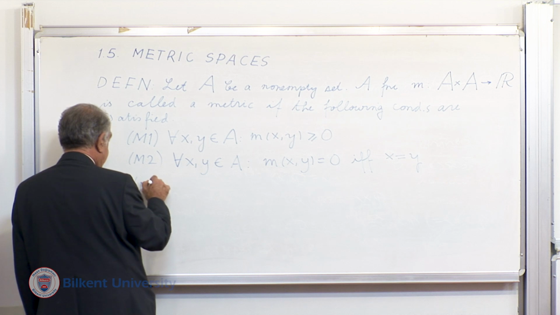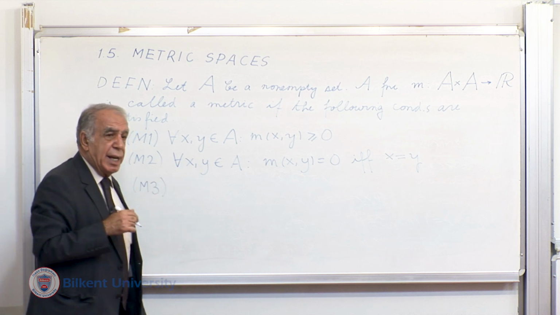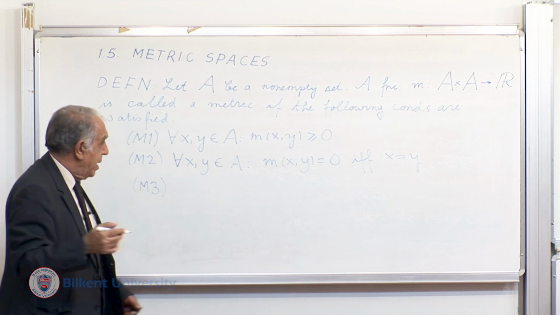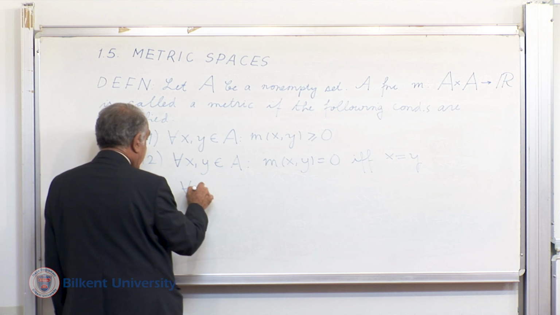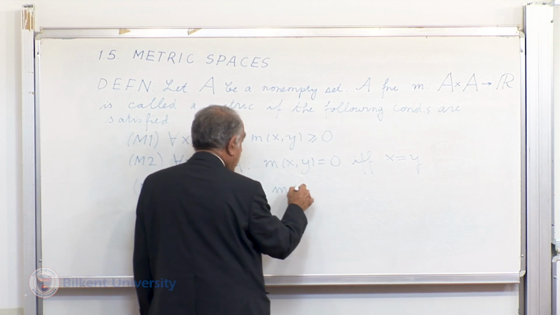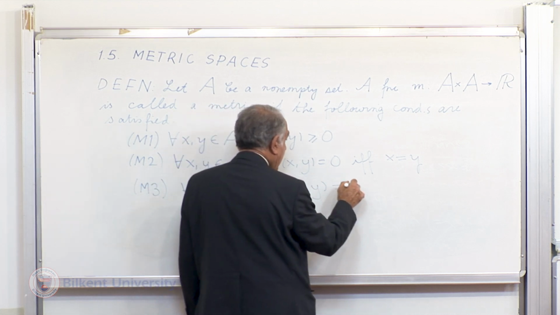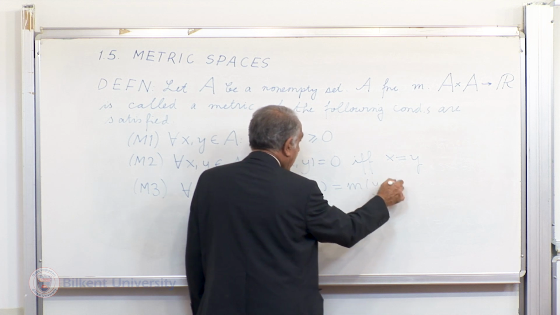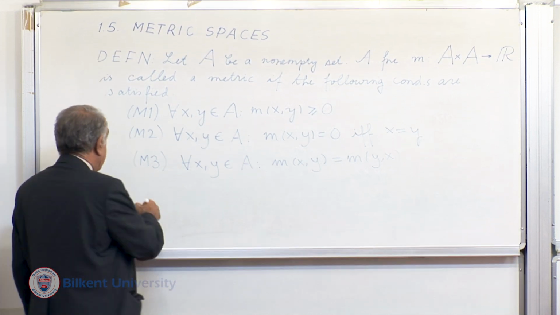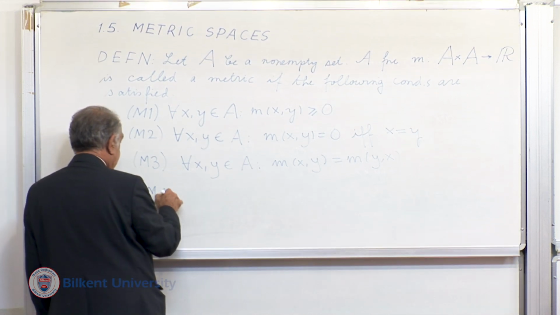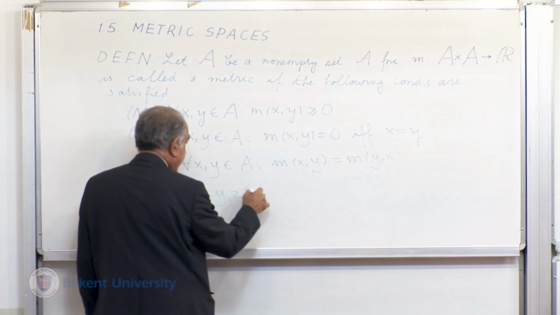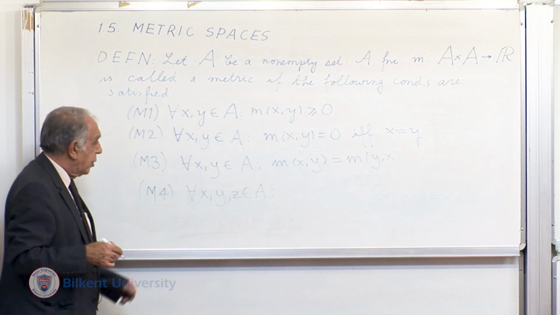Thirdly, the third condition said the distance from x to y and that from y to x, they're the same. Here we'll have the same. For all x, y in A, M(x,y) and M(y,x), they're supposed to be the same. And finally, we had the triangle inequality. That is, if I have 3 points in the space, then there are two possibilities.